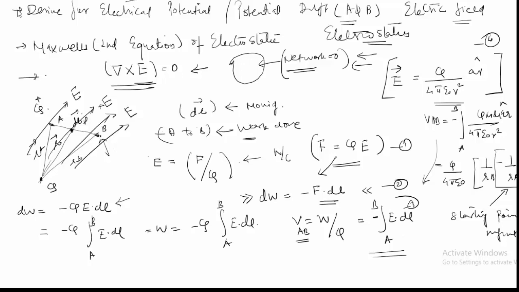If you started from infinity and came into this field, and now you are at position R, then this fifth equation will become the potential, which can be generalized as V equal to Q upon 4 pi epsilon naught R. So RA becomes infinity and RB equals R.